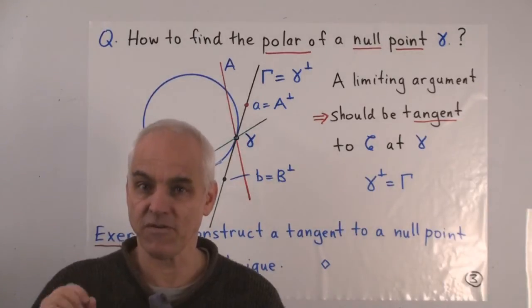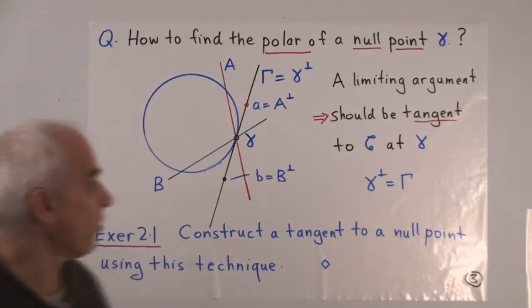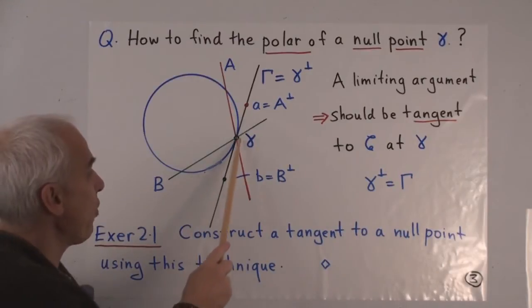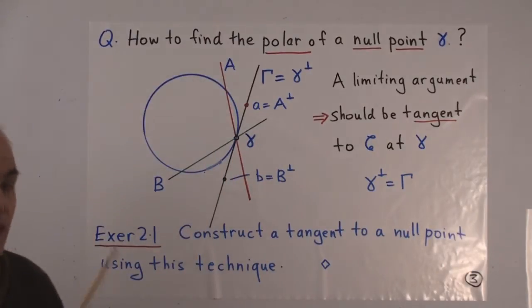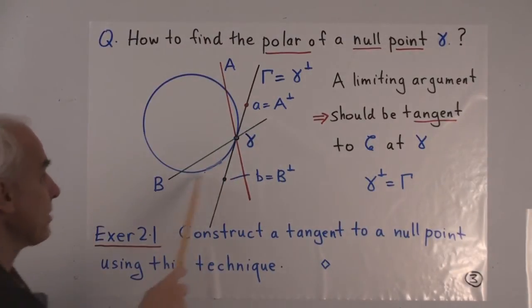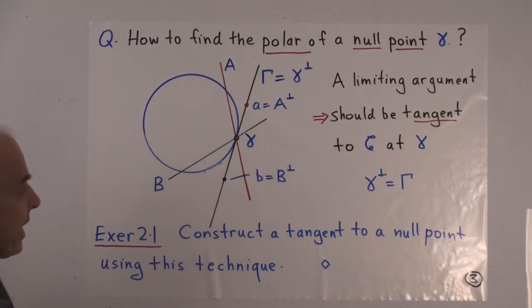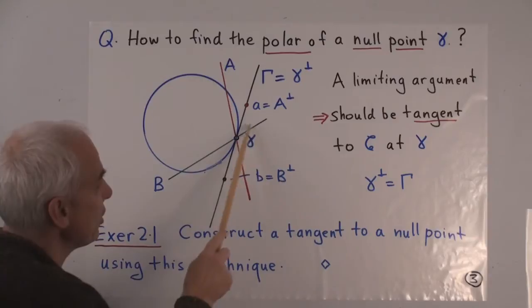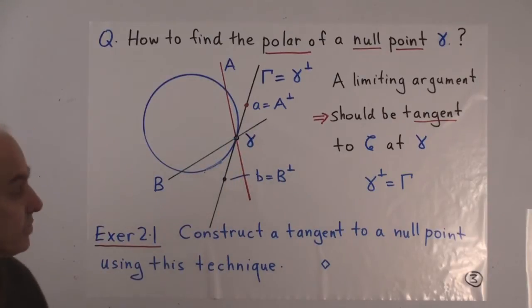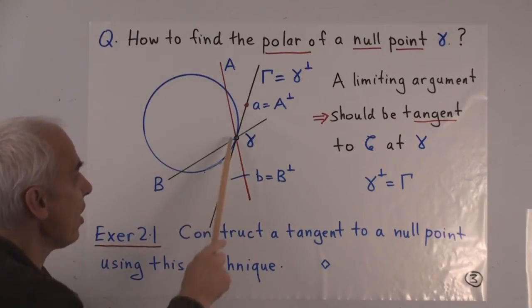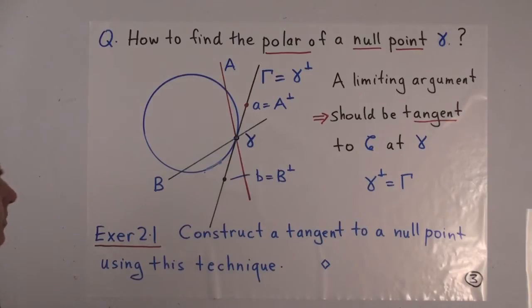They are different from all the other points. So I recall that our notation for a point on the circle is that it's a null point. We sometimes call the circle the null circle. And we usually use Greek letters to denote points on the circle, or null points.